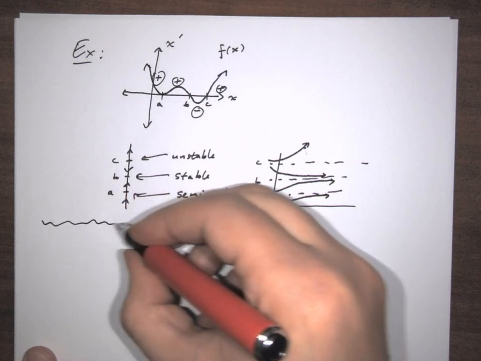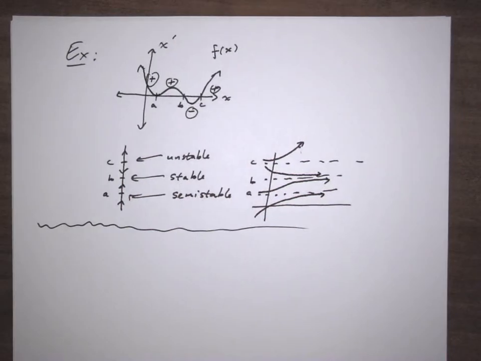Is it something that the function is tending towards, such that if it were slightly off, it would nonetheless converge towards it? Or is it something that if it gets even slightly perturbed away from that value, it will spiral away in a faster and faster way?